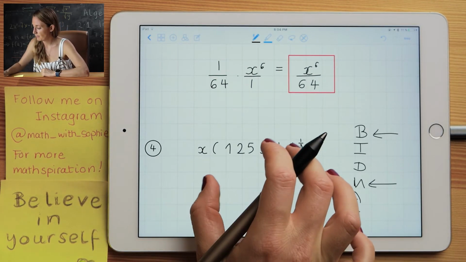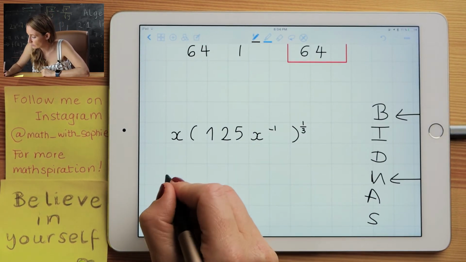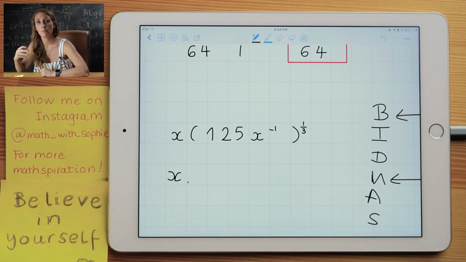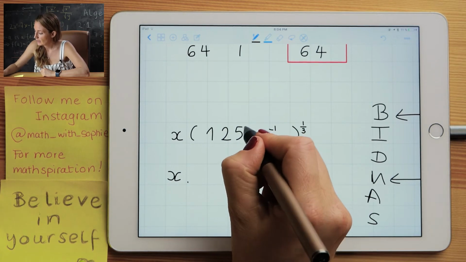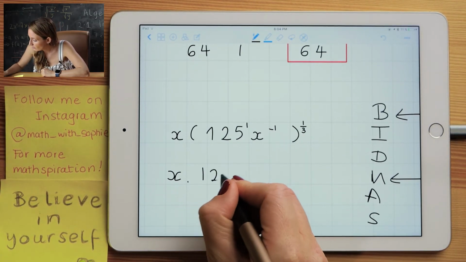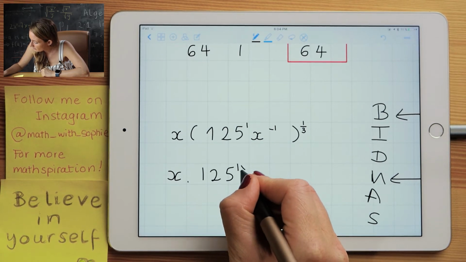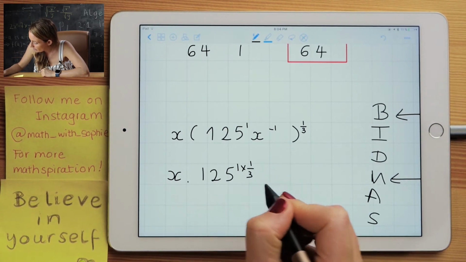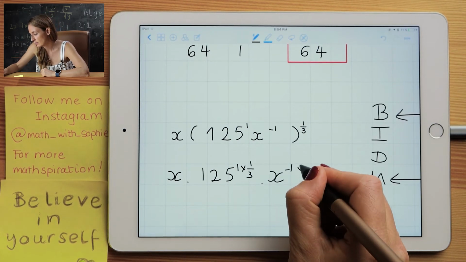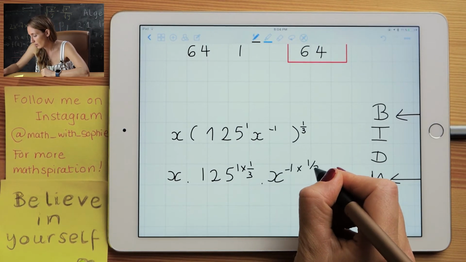So let's work on that bracket. We're not going to forget about the x. We're going to write it directly underneath here in the same place to remind us to deal with that later. Now, my 125, I put that to the power of 1. So I've got 125 to the power of 1 times by a third. And then I've got x to the power of minus 1 times by a third.